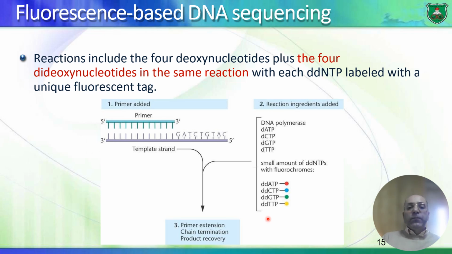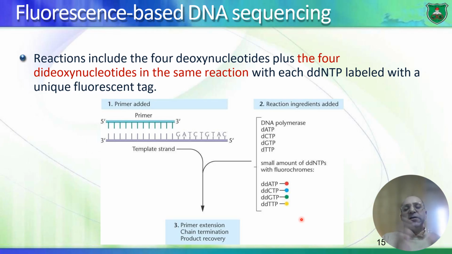template molecules. If there's an A and the DNA polymerase synthesizes the template, it's going to add either a deoxy T or a dideoxy T. Okay, remember that here we have small amounts of these dideoxy molecules, so most probably it's going to add a deoxy T. It can add a dideoxy T to that DNA as well, to a small portion of the DNA template.